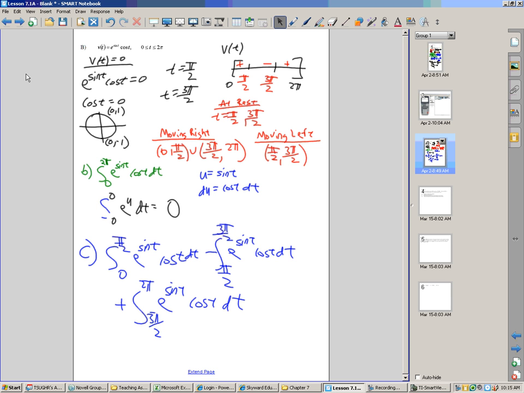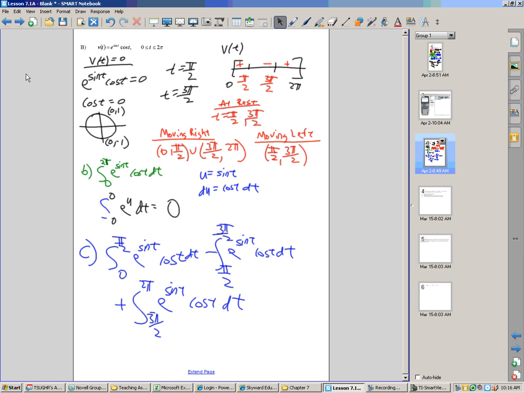Again, if you want to do a u substitution, you can do that in all 3 cases here. U is going to equal the sine of t, so that du equals cosine of t dt. We might as well change the bounds of everything as we go, though. So I'm going to go definite integral from 0.